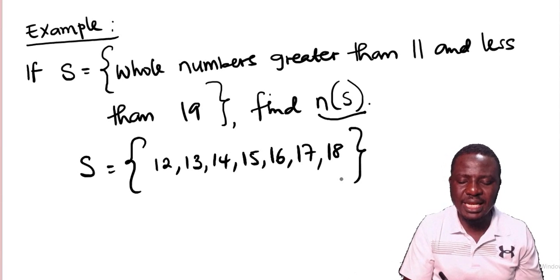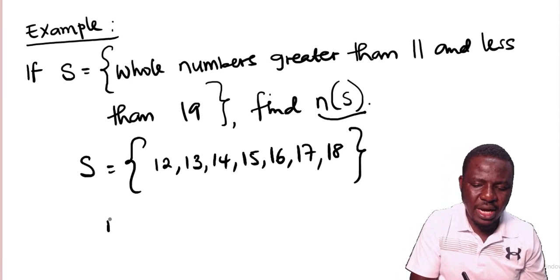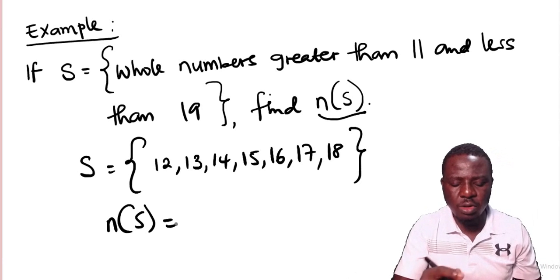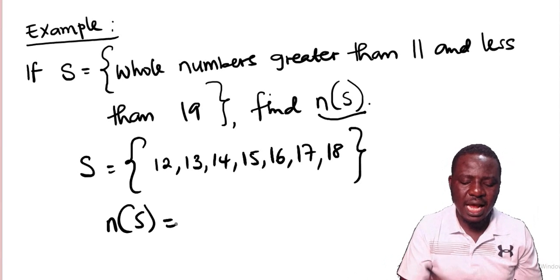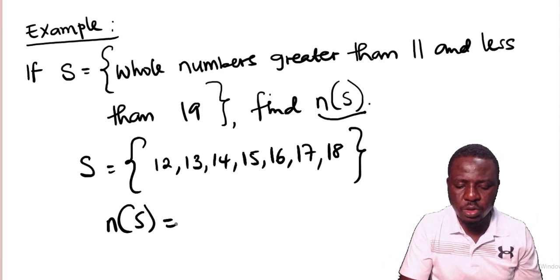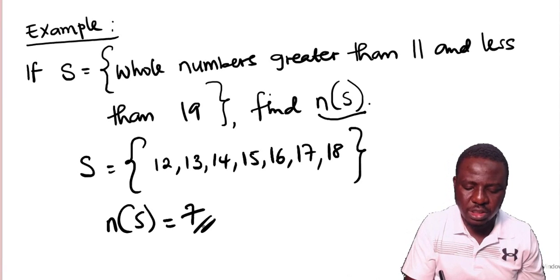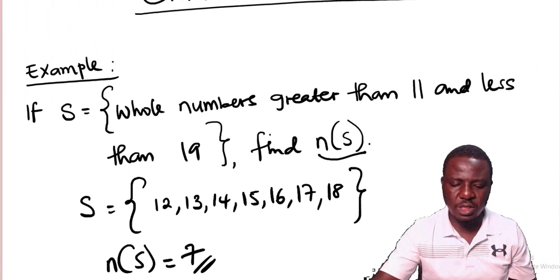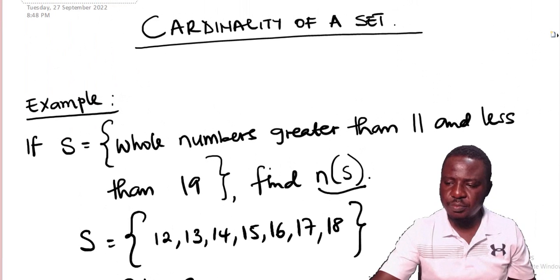The cardinality, we call it n of S, you can now count the number of elements in that set, and that gives you the cardinality: 1, 2, 3, 4, 5, 6, 7, which gives us 7. So the cardinality of set S is 7.